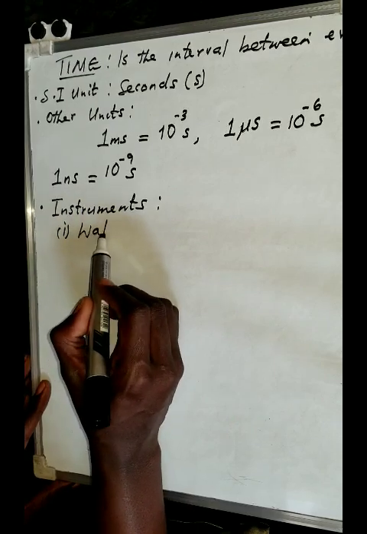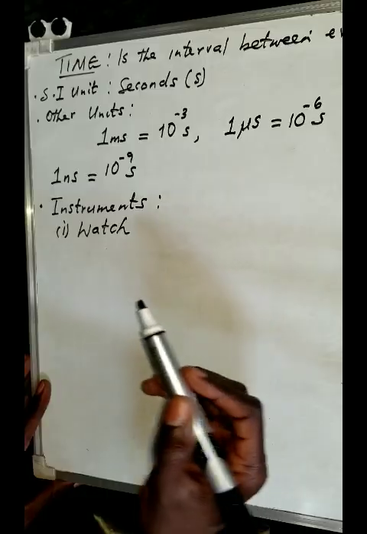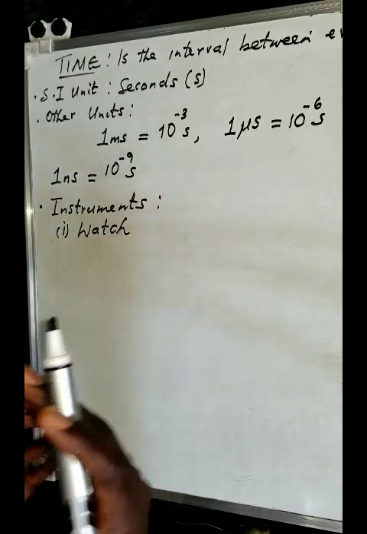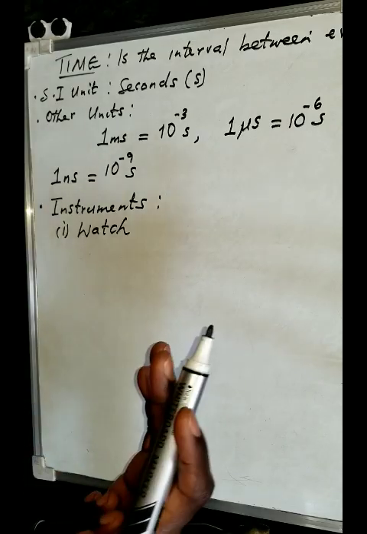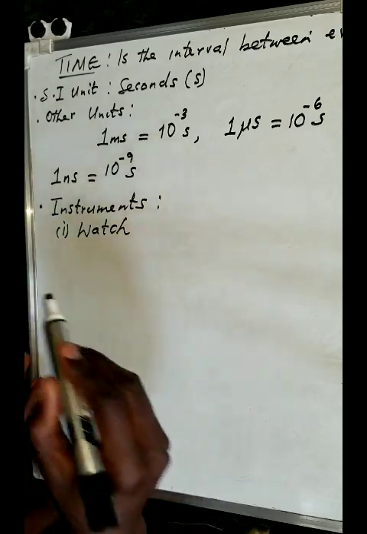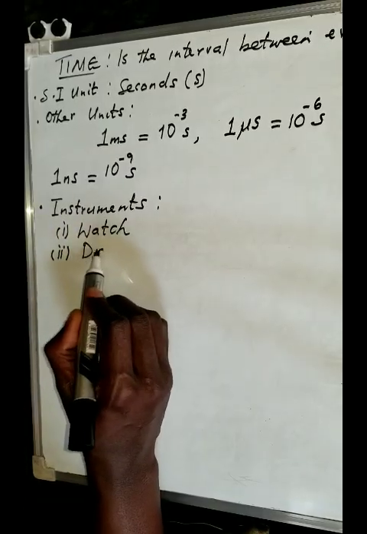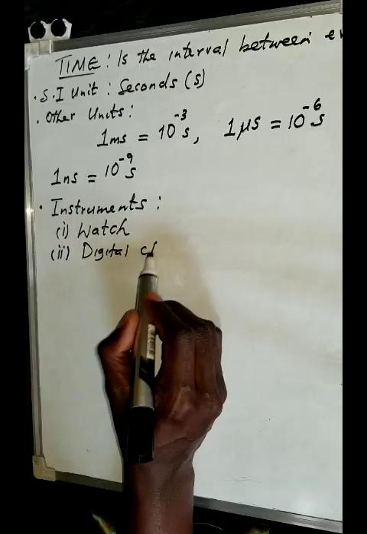Maybe one, I can talk about a watch. Yeah, so usually a watch could use vibrations of a quartz crystal under electric current for precise timing. You can also have what we call as being a digital clock.